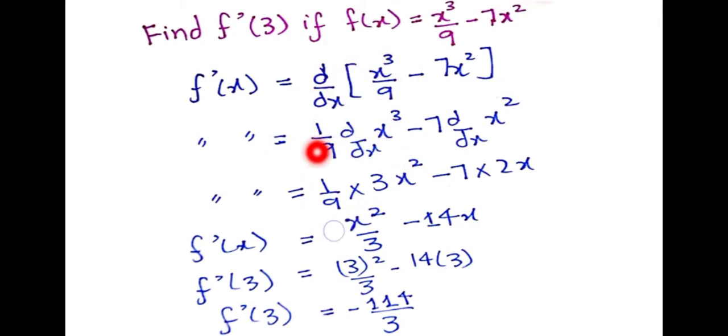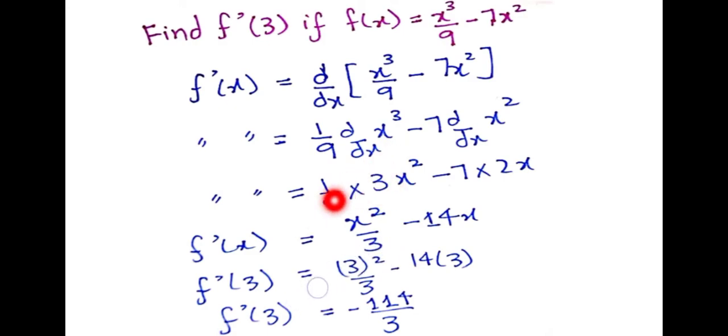1/9 comes in the front because we have to take the derivative of only variable terms. We do not have to take the derivative of constant terms. So this constant stays in the front, and the derivative of x cube is 3x square, and this 7 comes in the front, and the derivative of x square is 2x.